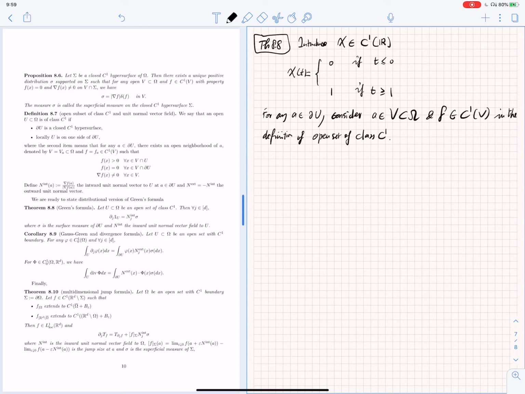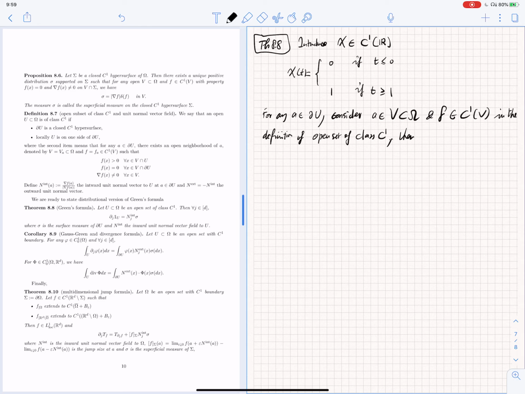For any point on the boundary, we can find the neighborhood and the C1 function in the neighborhood, so that it vanishes on the boundary and its gradient doesn't vanish on the boundary.